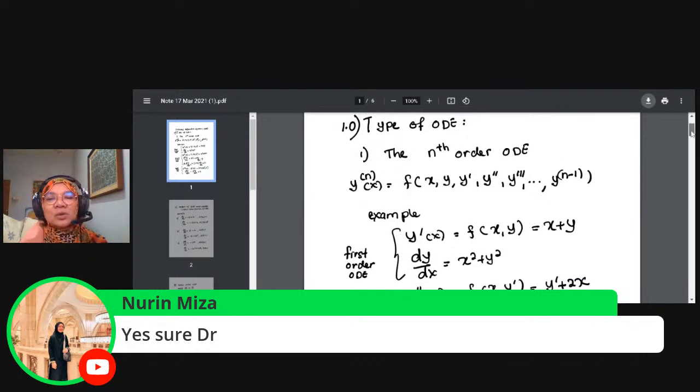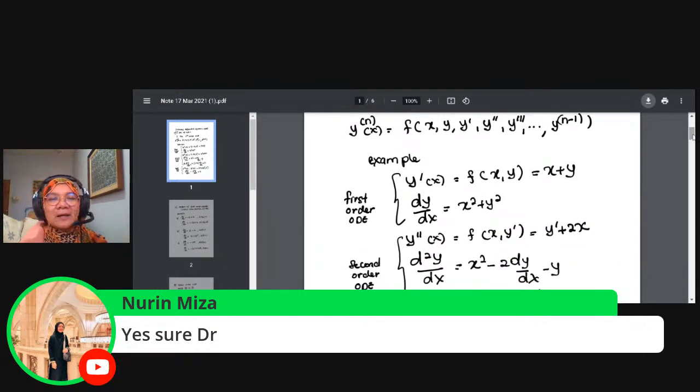All right. So what you learned in Numerical 1, you focused a lot on y prime x equal to f(x, y). For example, y prime x equal to xy plus y, or dy over dx equal to x squared plus y squared. This is very basic, the first order ordinary differential equation.